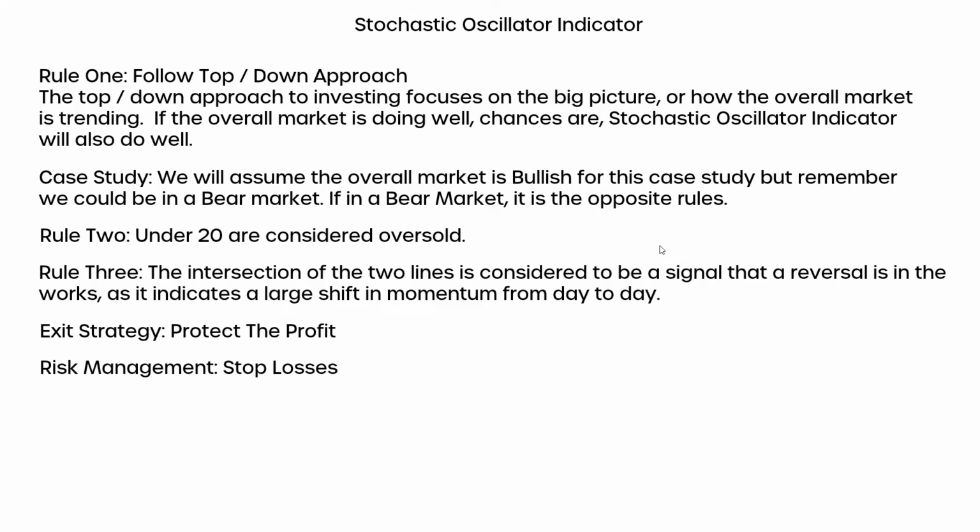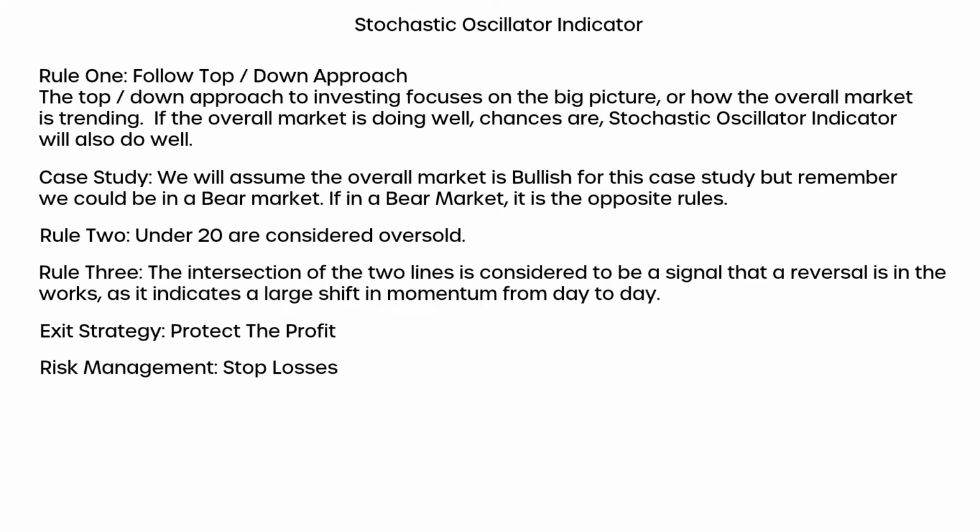So here's a small system, a small way that you can make money now with the Stochastic Oscillator indicator. Become an expert on the top-down approach. What is the macro picture? The macro is bullish. We pull back to an oversold level of 20 and under. The two lines intersect.